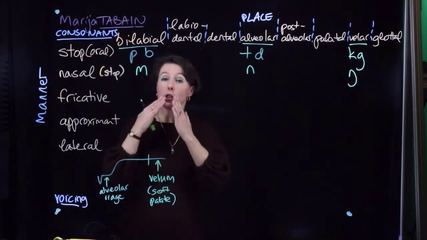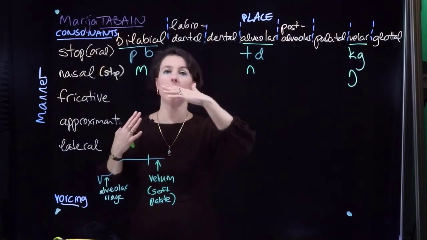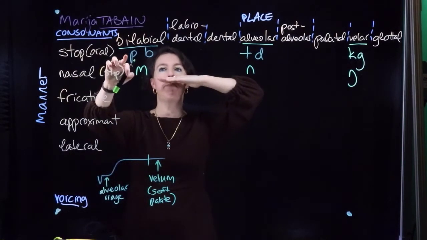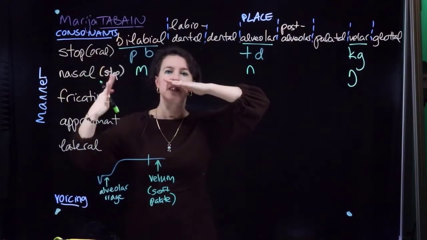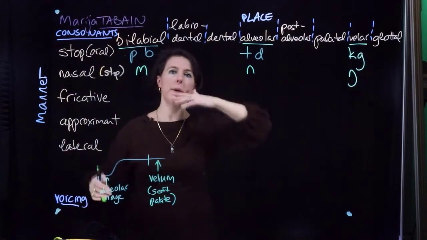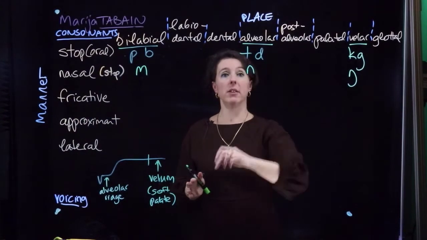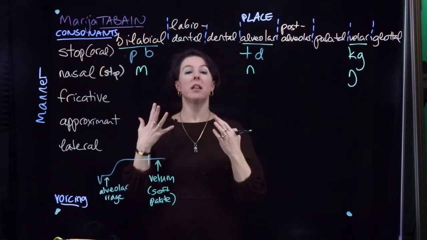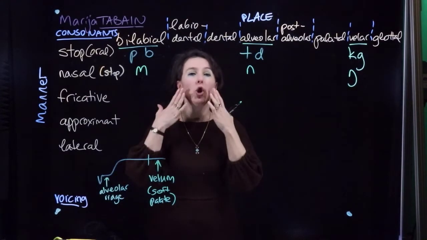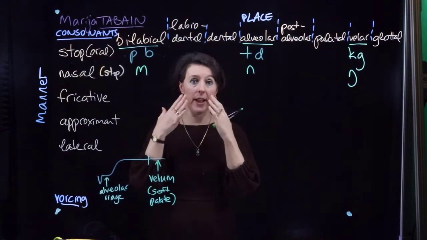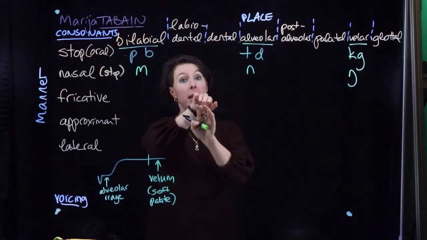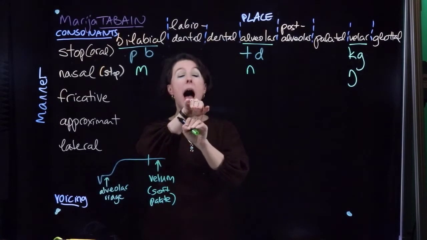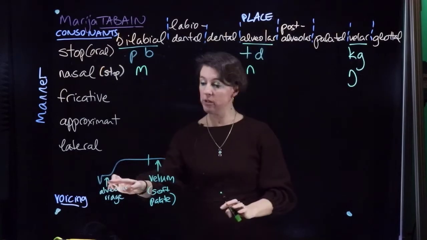Okay, the air is stopped in the oral cavity, but it's allowed to flow through. Whereas if you kept it here and tried to do p, b, there's nothing coming through the nose, no nice warm air. So the same thing with t, d, n. So let's just feel the tongue tip, t, d, n. You should feel that they're all involving the tip of the tongue up against the alveolar ridge.